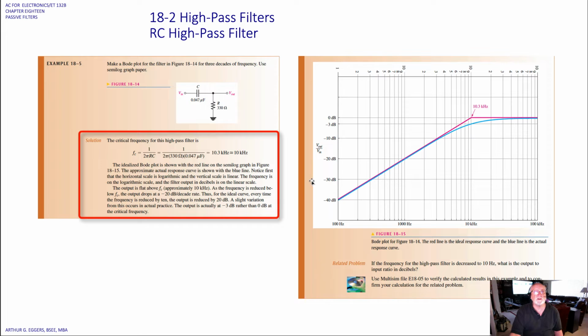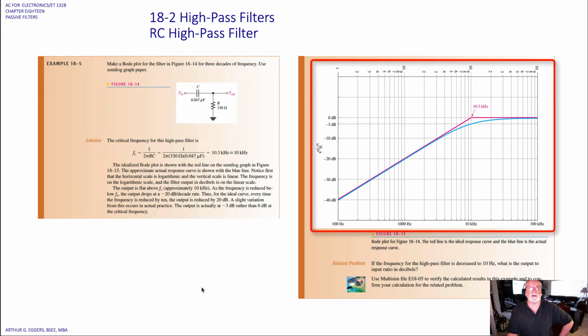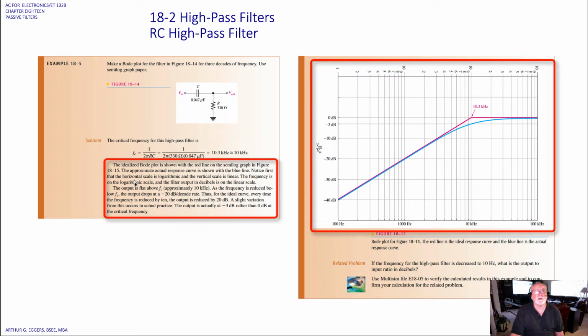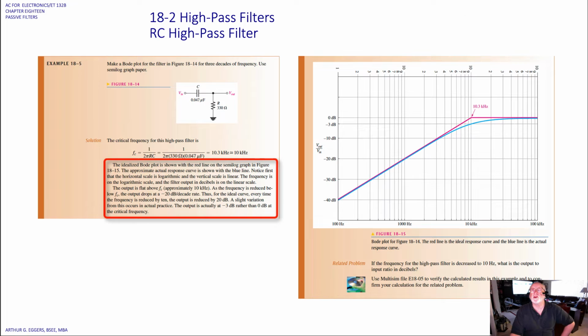To the right we see the idealized Bode plot in red, the actual in blue, again plotted on semi-log graph paper. The approximate actual response curve is shown below the red one.